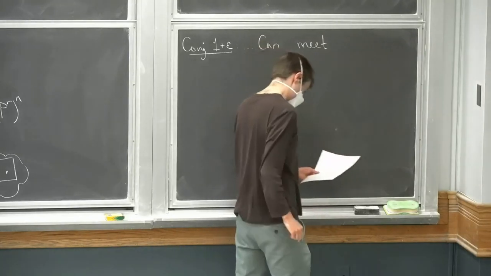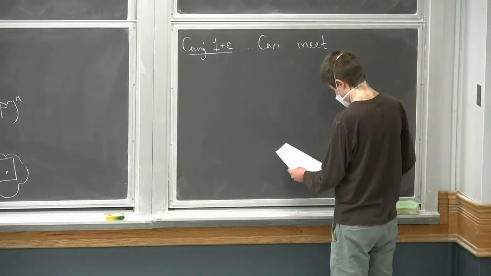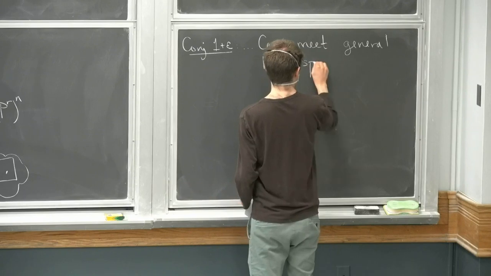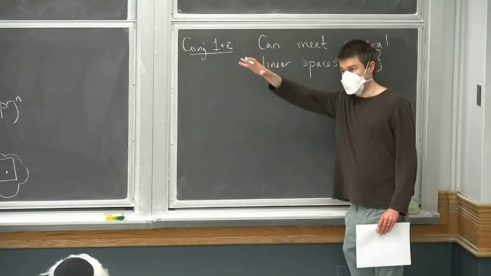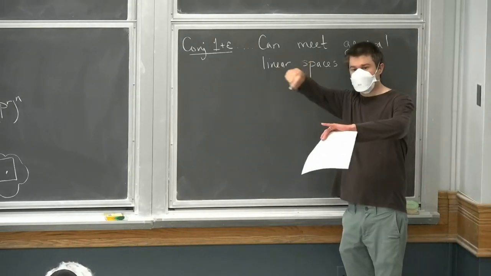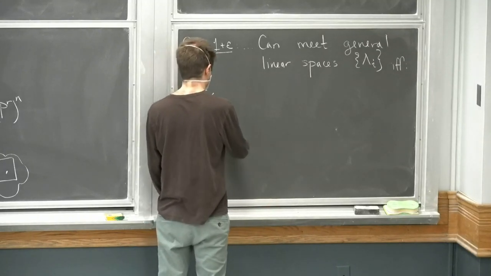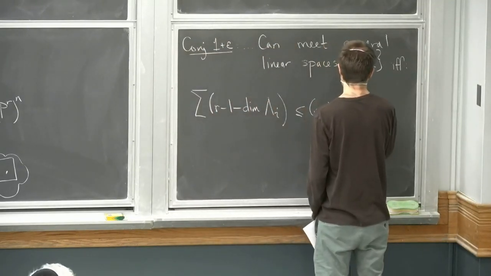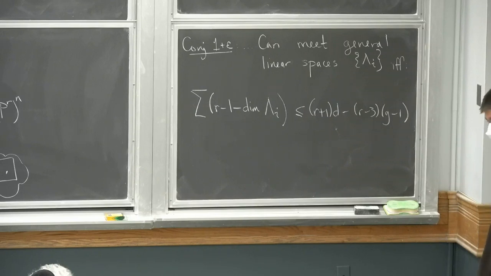Rather than passing through points, you can ask the question about meeting general linear spaces. So I give you a point and a point and a line and a plane and something. I ask, is there a curve that meets all of these linear spaces? Touches them. So you can meet general linear spaces if a very similar sort of inequality holds that comes from a very similar sort of dimension count.